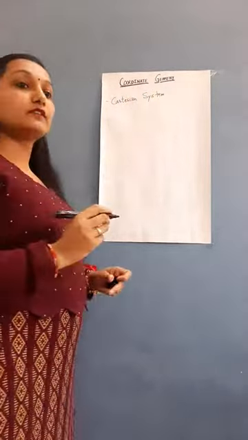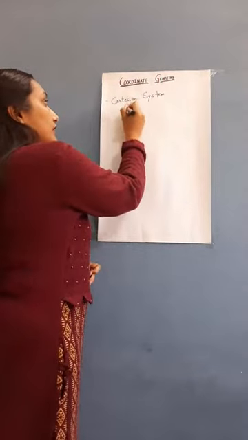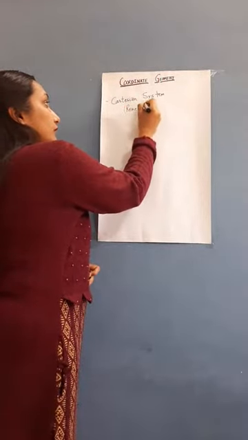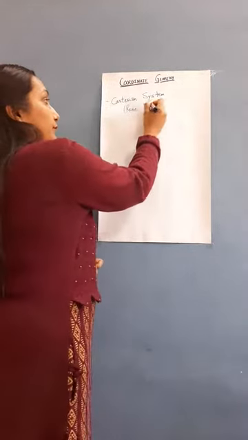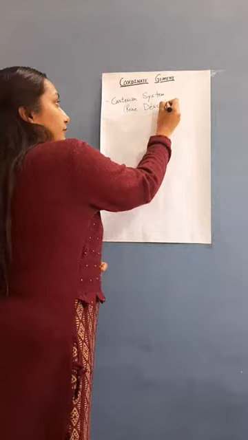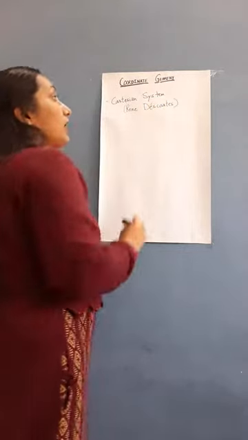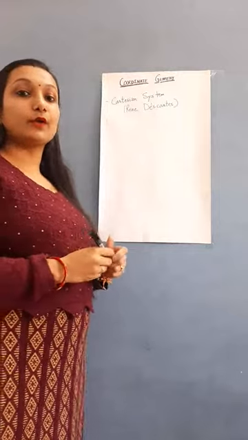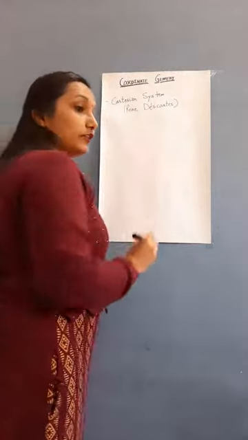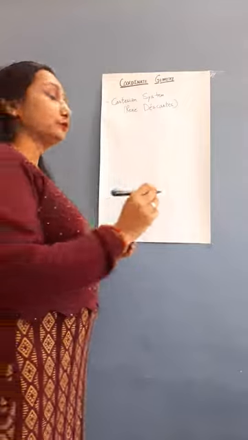This system is given by René Descartes. René Descartes told us that the Cartesian system is a system in which we have two lines. They both should be perpendicular to each other.